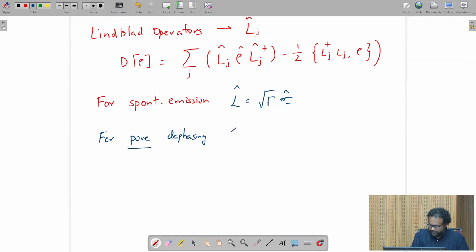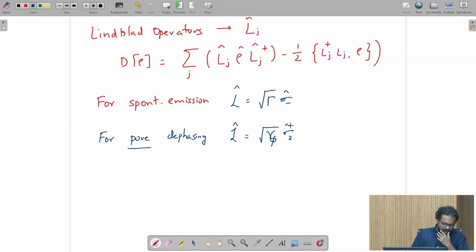The Lindblad operator for that is some gamma sigma_z, meaning that's a phase scrambling happening between different oscillators.